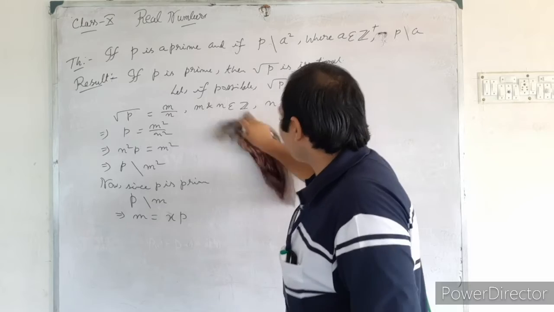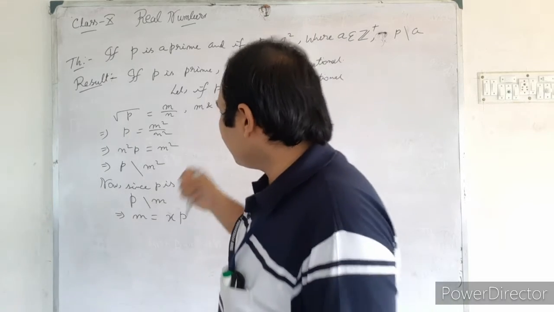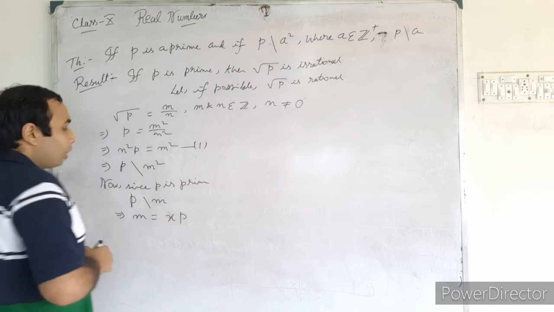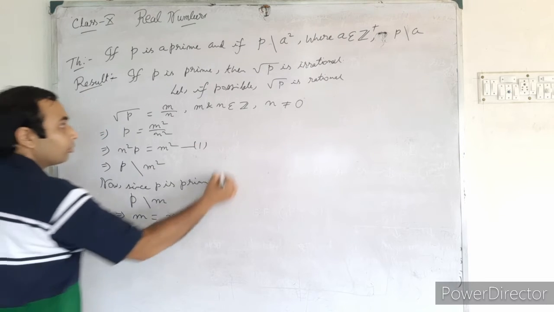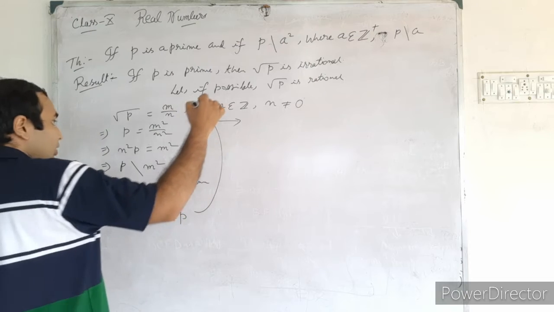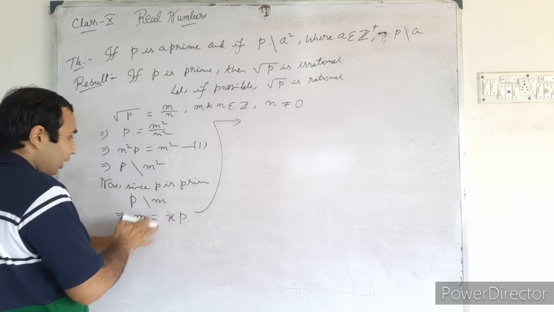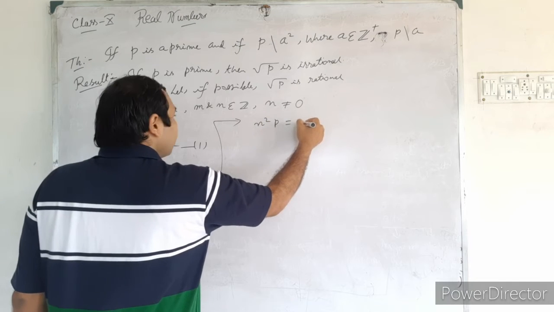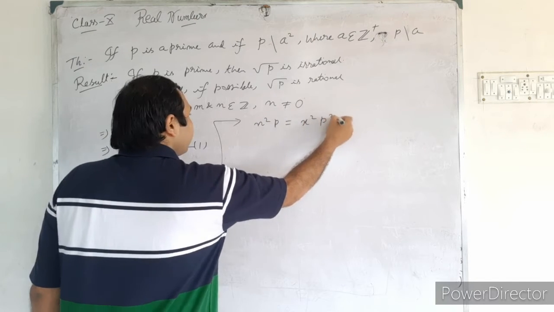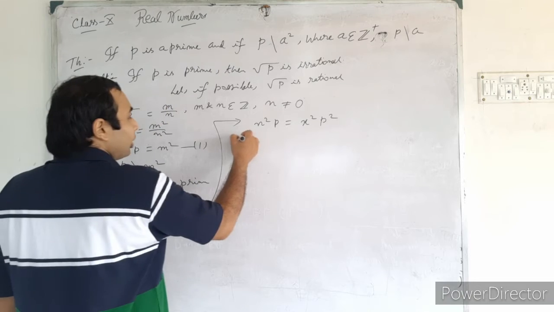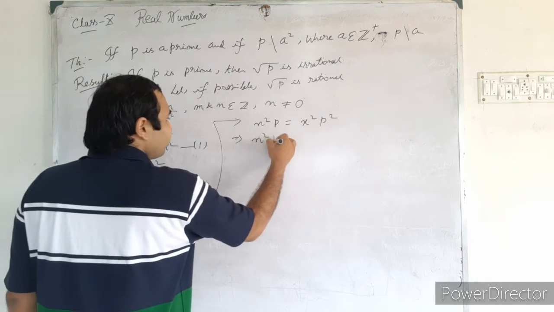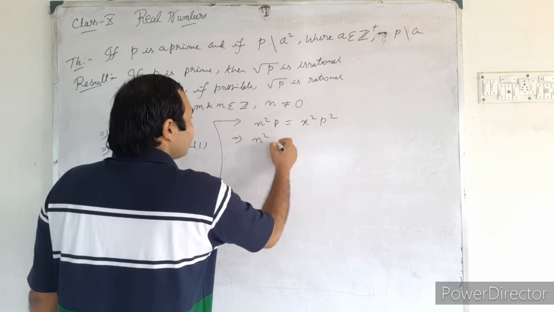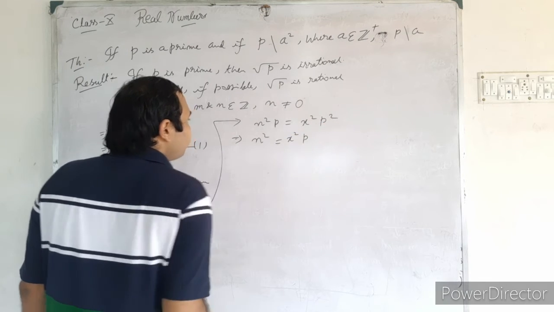So m equals xp. Let us call this equation 1 and put the value of m here. So n square p equals x square p square. Here p will cancel out, so n square equals x square p.